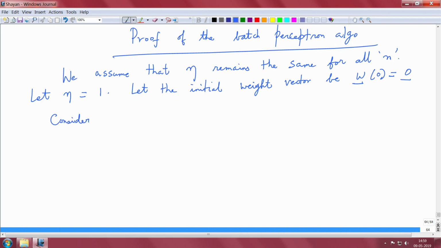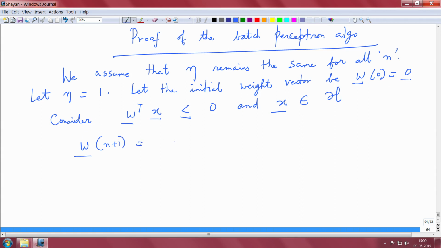Now, let us consider this quantity W transpose x to be less than or equal to 0 and x belongs to the set of misclassified samples, right. We are assuming this belongs to class C1. So, when it is less than or equal to 0, then basically this is not correct, right.